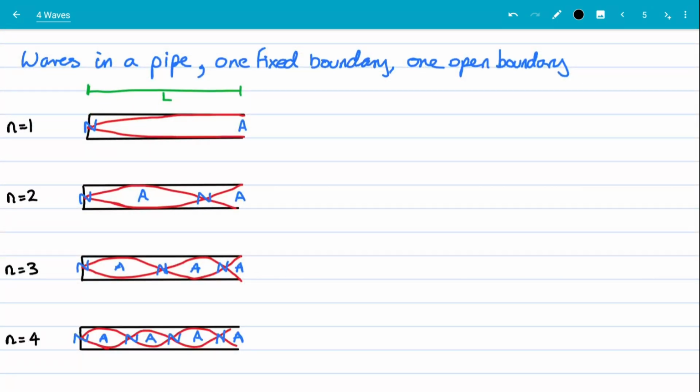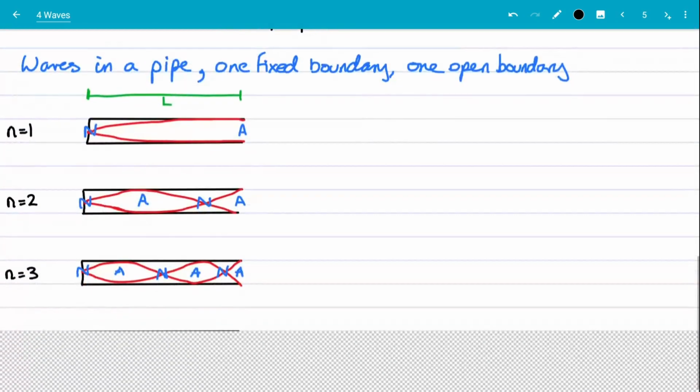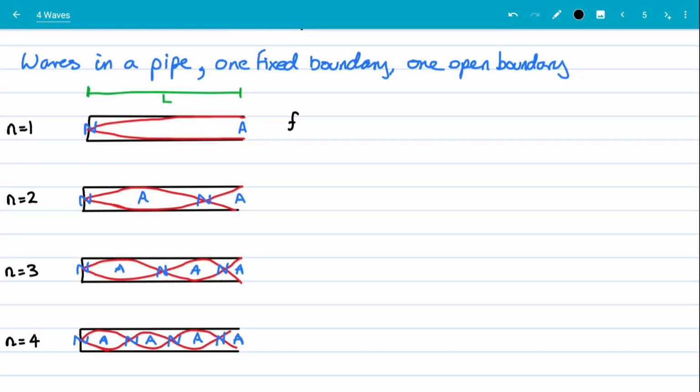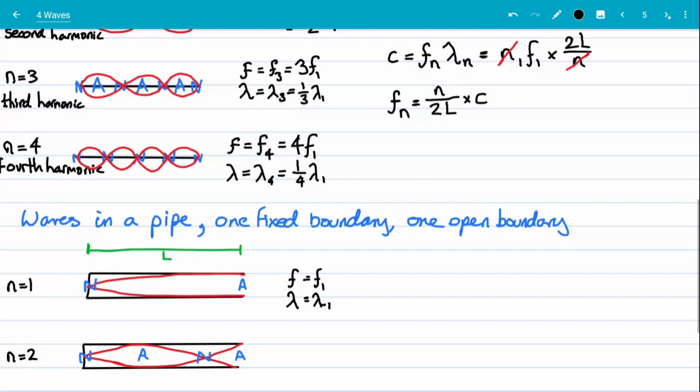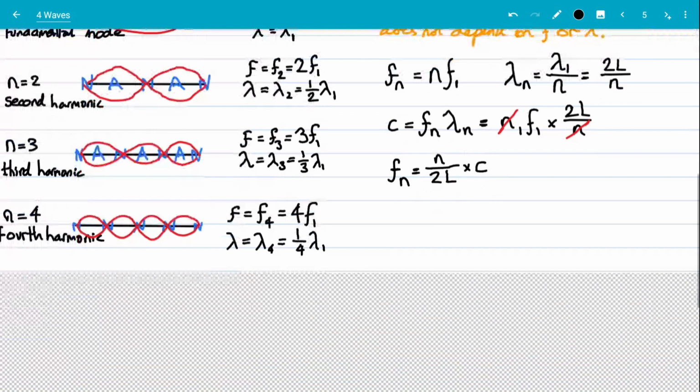So we could say here that the frequency in this case is our fundamental frequency, F1, and our wavelength is our fundamental wavelength, lambda 1. This is different to before because it's a different situation. And we could write that in terms of L as well.